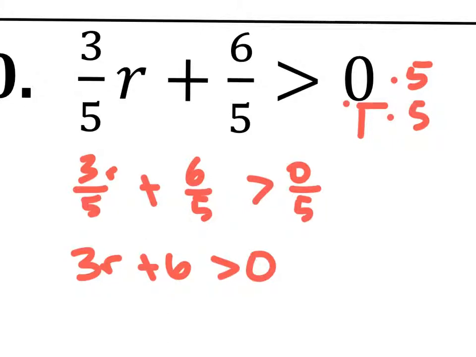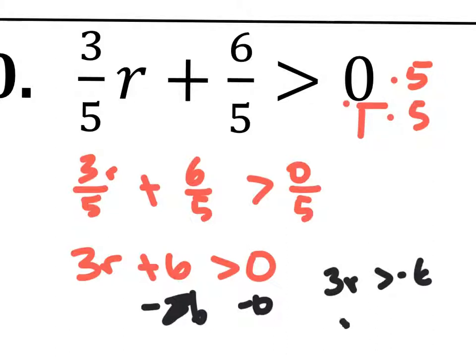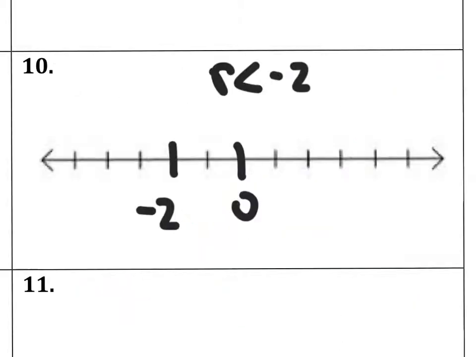So then we are going to subtract 6. Oops, not 3, 6. We get 3r is greater than negative 6. Divide by 3, r is less than negative 2. Now we have to go over and graph that. R is less than negative 2. Open circle. Less than goes to the left.